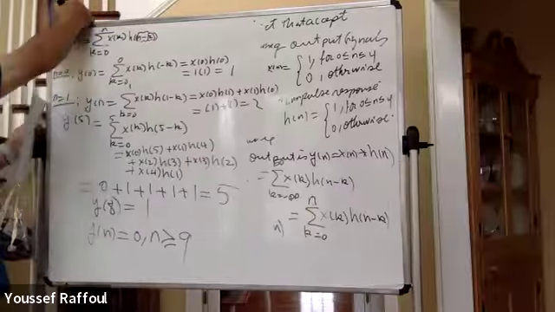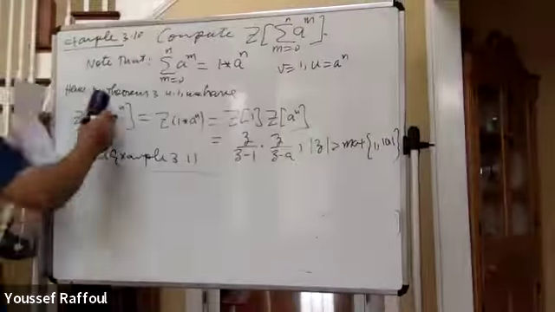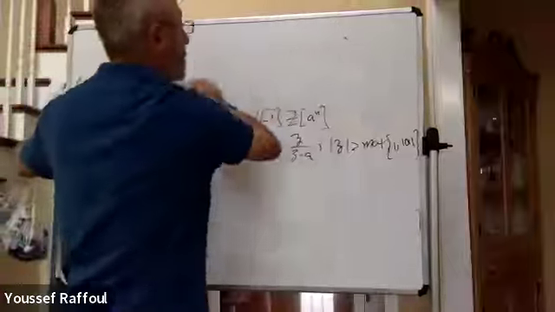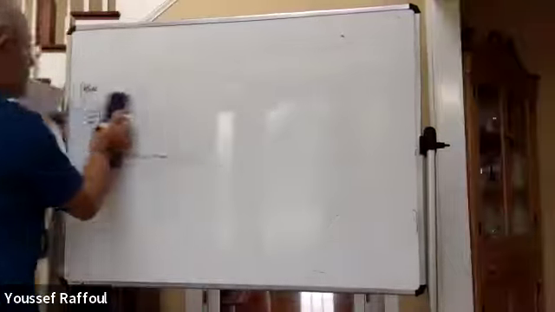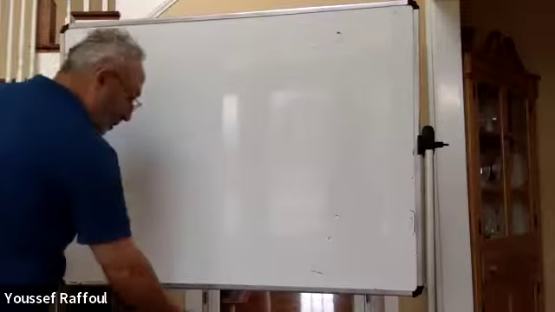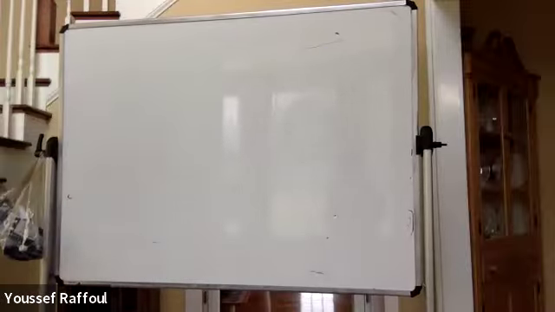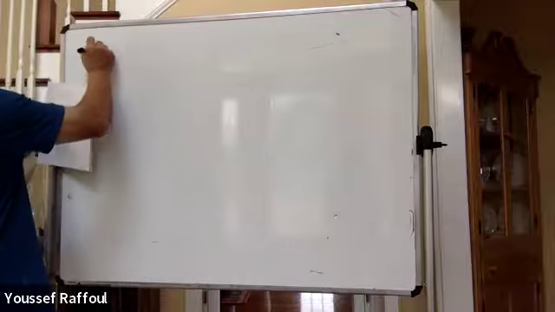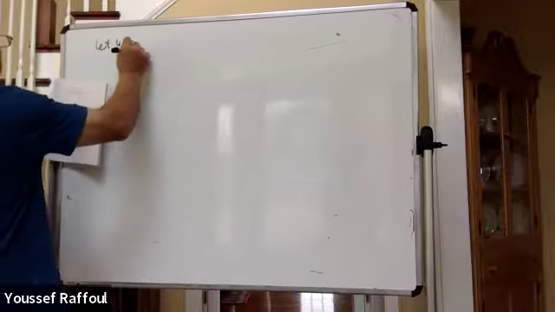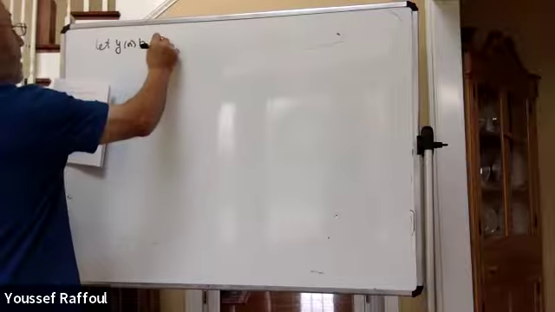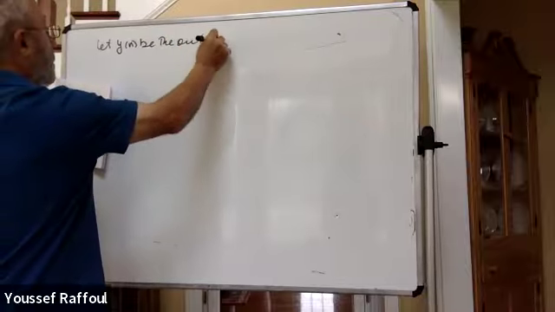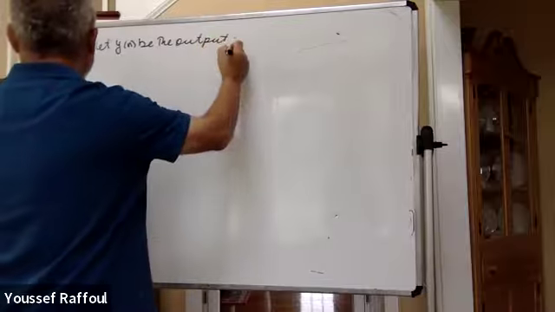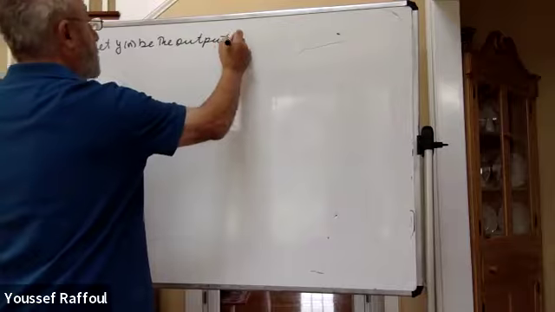Okay. Now let's take a look at another concept. So this is basically how you compute the convolution of two sequences. Let yn be the output of the system.